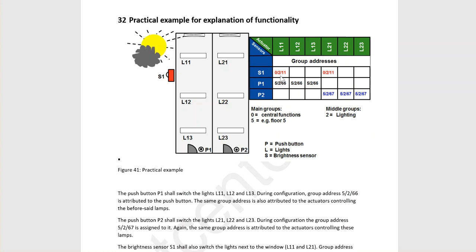With the group address 0/0/11, the outside brightness sensor turns on L11 and L21. These are the lights near the window. And with push button P1 with the group address 5266, L11 to L13 are turned on. And with push button P2, L21 to L23 are turned on with 5266.